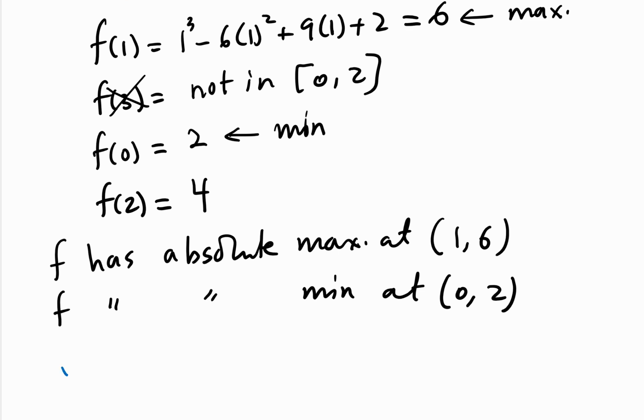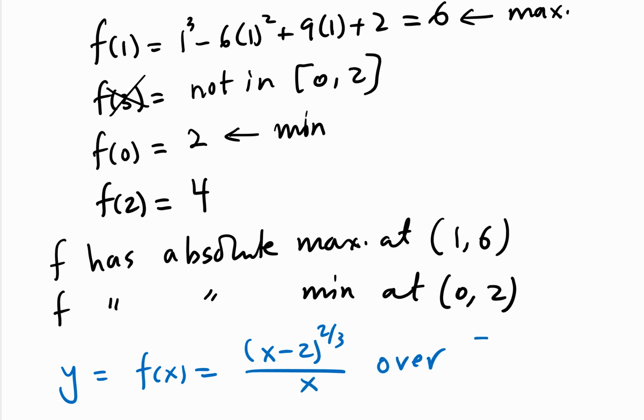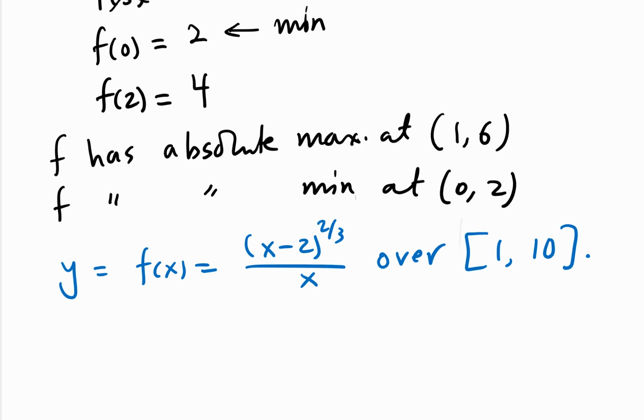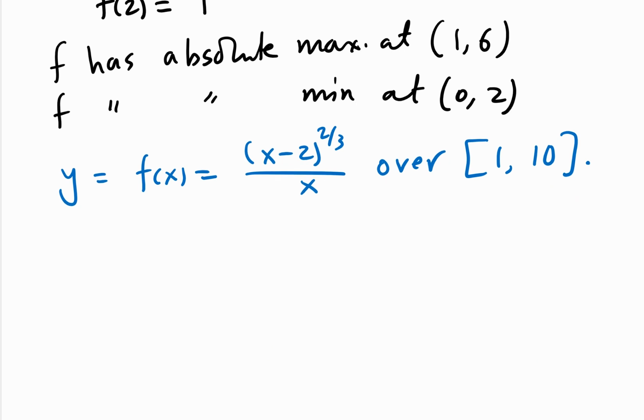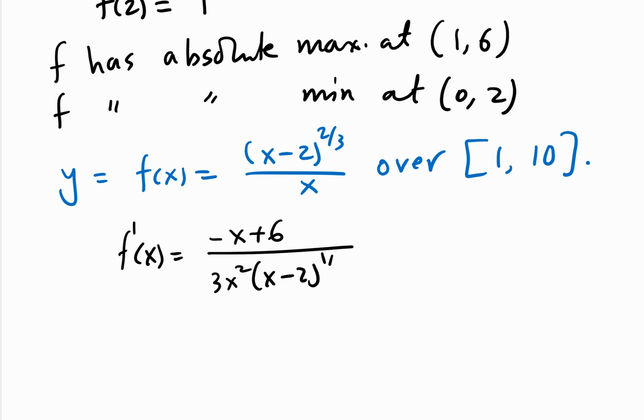We are going to do the same for this function, the one whose critical values we found earlier. I'm going to just add an interval 1 to 10. We found f prime of x in a previous example. It was found to be negative x plus 6 over 3x squared times (x minus 2) to the 1/3.